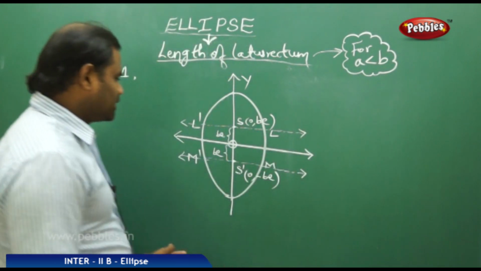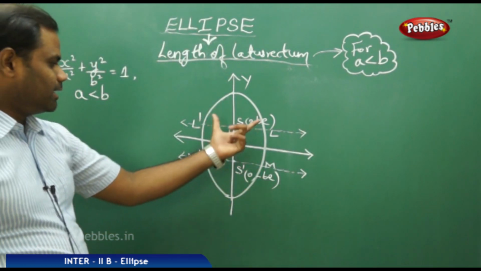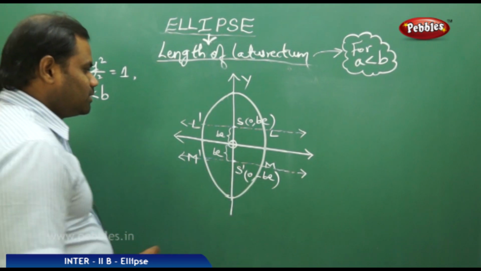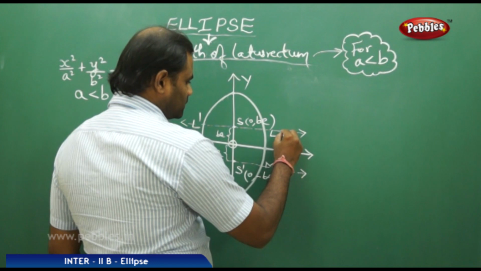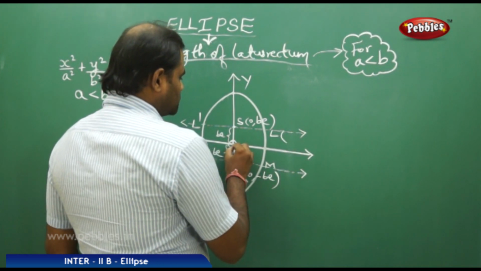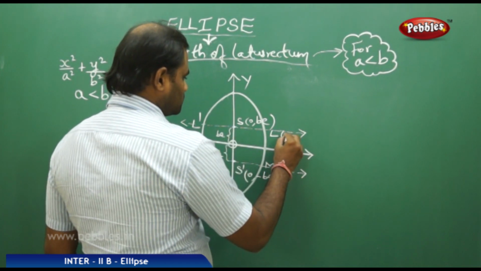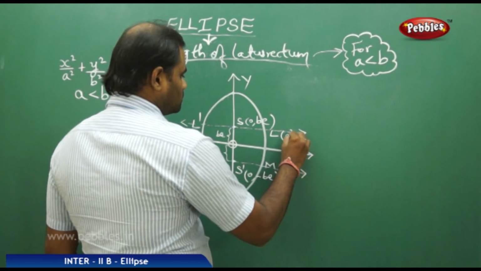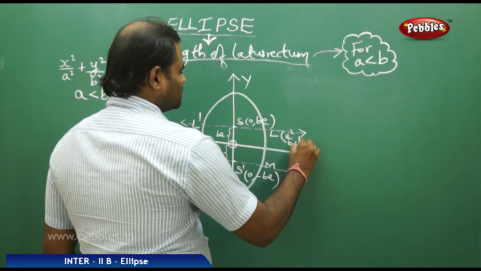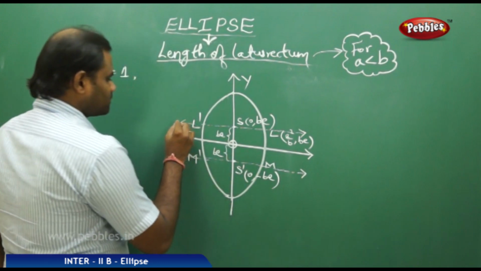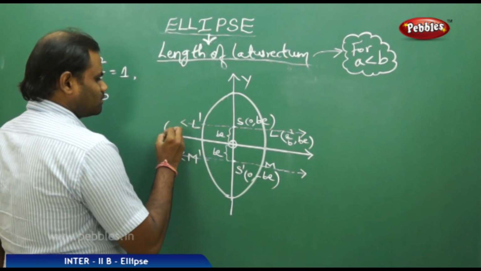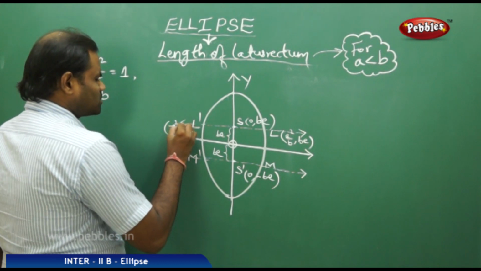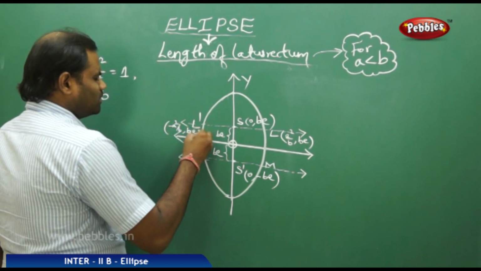Now the lateral recta are LL dash and MM dash, and the endpoints of the lateral recta are given by L, which is (a square by b, BE), and L dash given by (minus a square by b, BE).